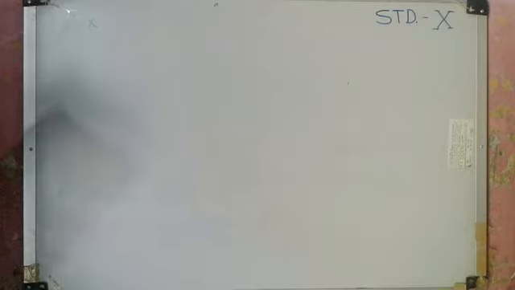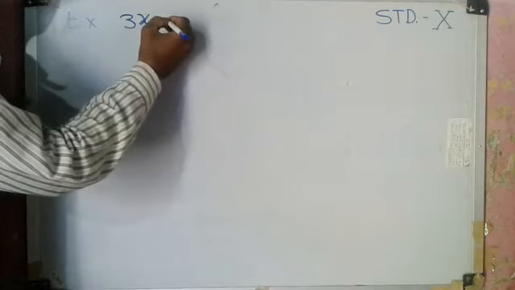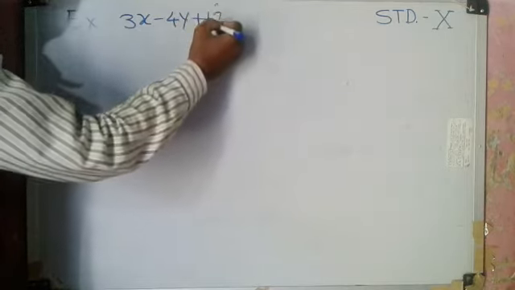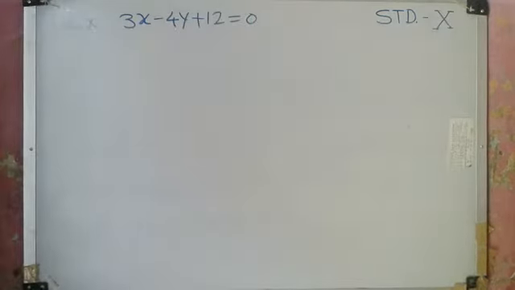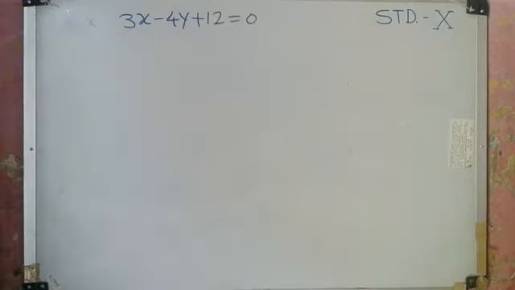Now see this equation. 3x minus 4y plus 12 is equal to 0. Now compare this equation to the general form of linear equation in two variables.